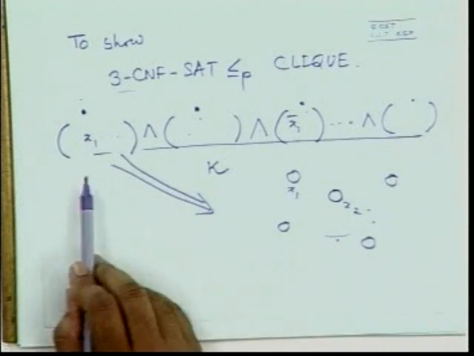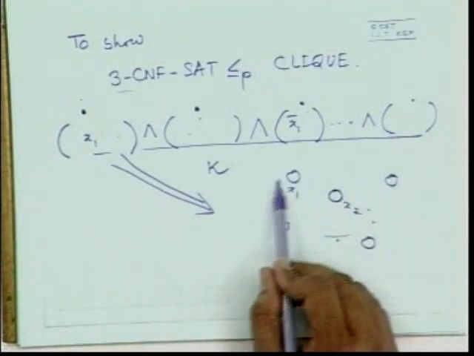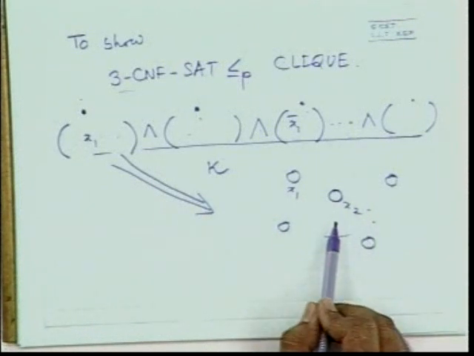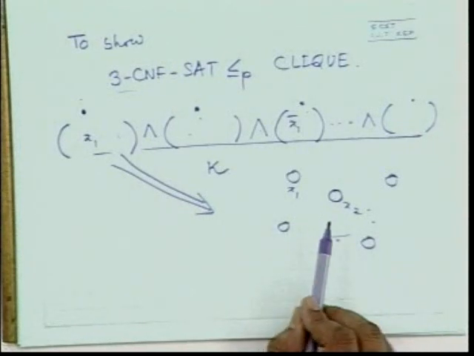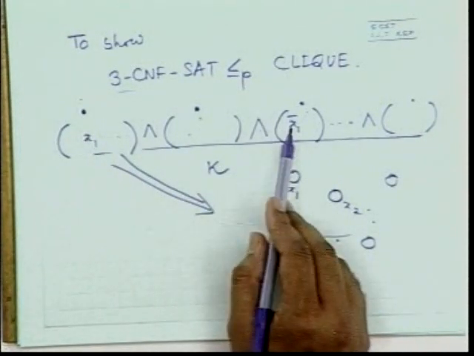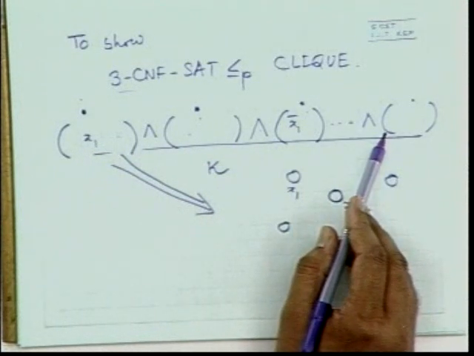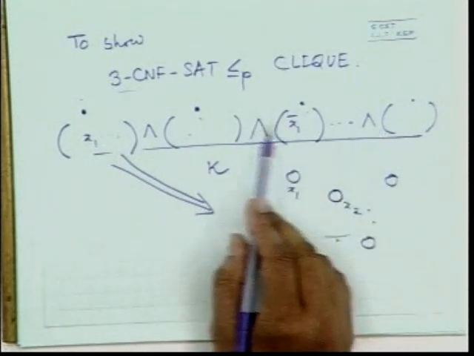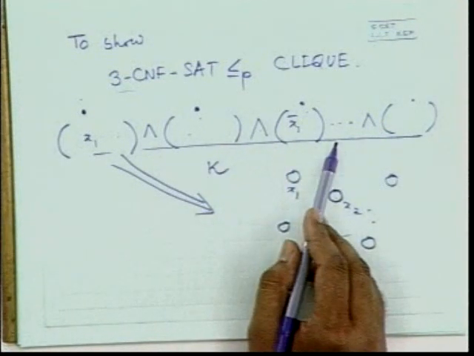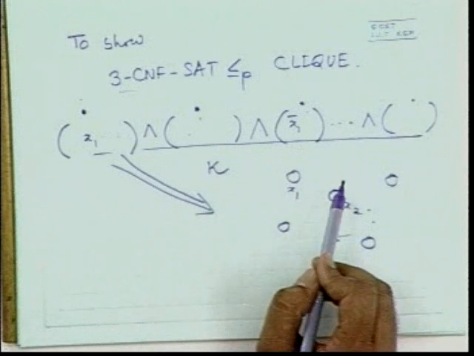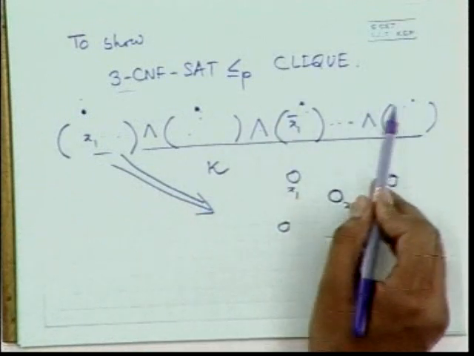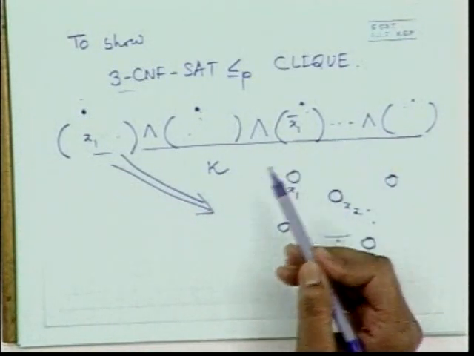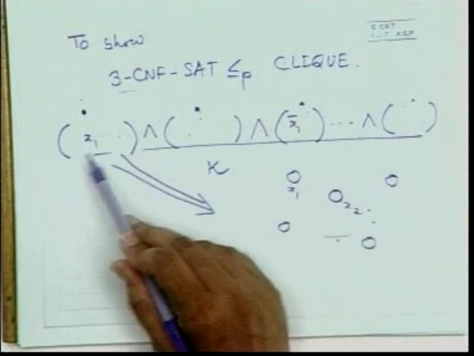Now in the reverse direction, if this graph has a clique of size k, then those k nodes must appear in k different clauses, because edges only connect nodes from different clauses, and again, one cannot be the negation of the other. So I can assign the variables values simultaneously such that all of them are true, because nobody is the negation of the other.